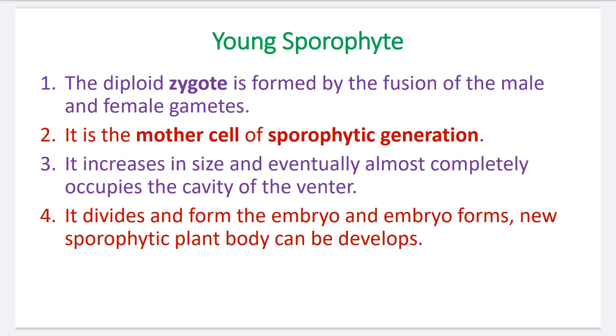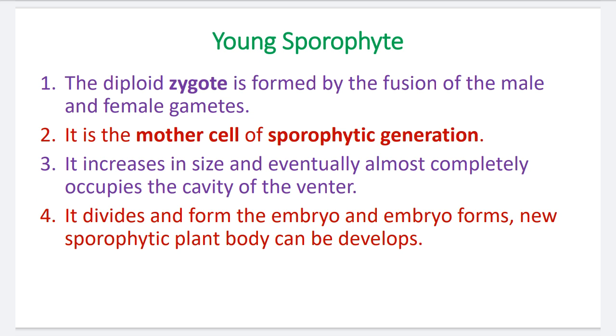At the same time, that mucilaginous substance also attracts the sperm due to its chemical nature, and that is called the chemotactic mechanism. Due to that chemotactic mechanism, the sperms are attracted toward the mouth of the archegonium. The mouth of the archegonium is already open due to loosening of the cover cells.